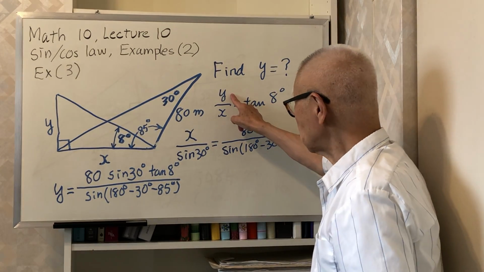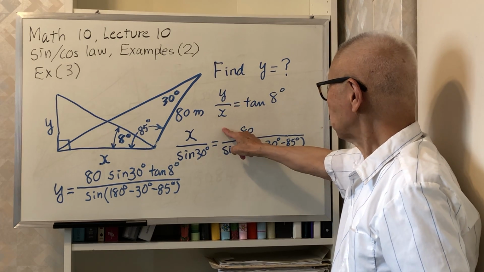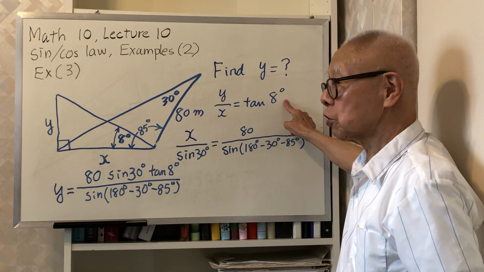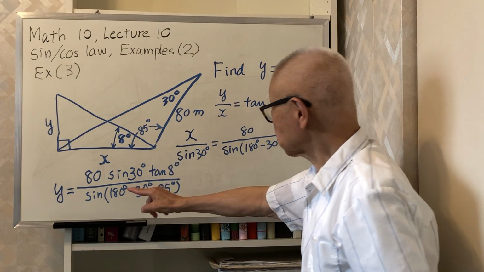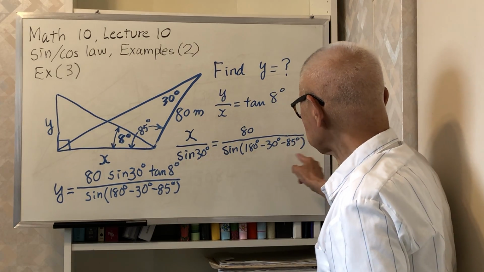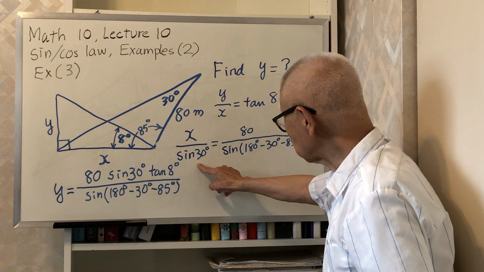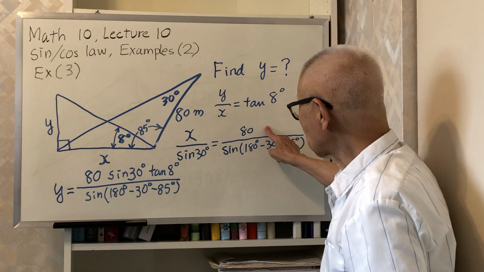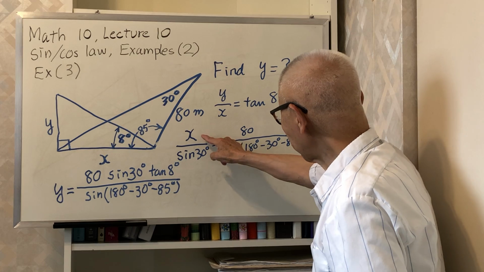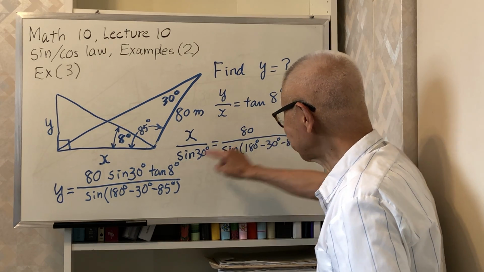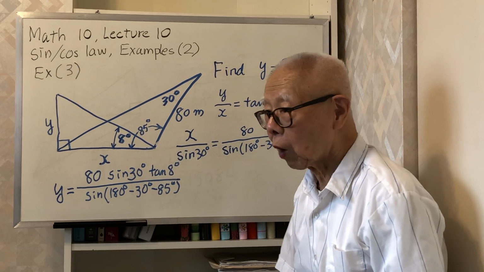So y is x multiplied by tangent 8 degrees. And x is this. You move the sine 30 degrees to this place, divide by that, that is x, and then multiply by tangent 8. So that is y.